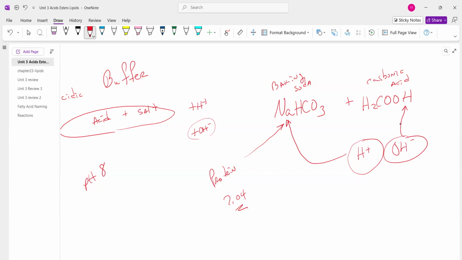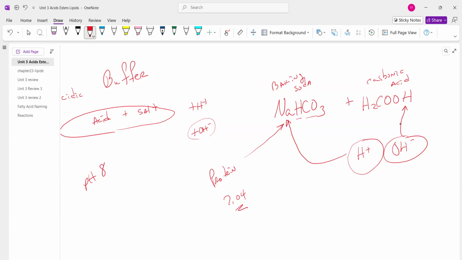If we all of a sudden have an acidic environment, like we hyperventilate and introduce lots of carbon dioxide, which produces carbonic acid, which introduces H plus, then the H plus and the HCO3 form carbonic acid.